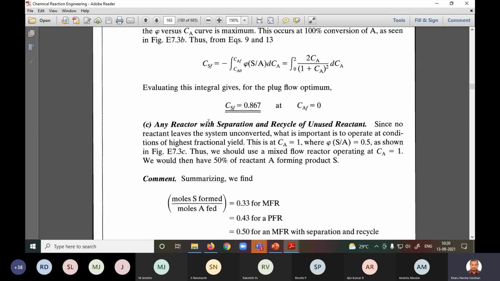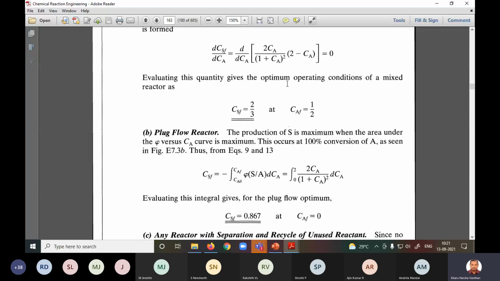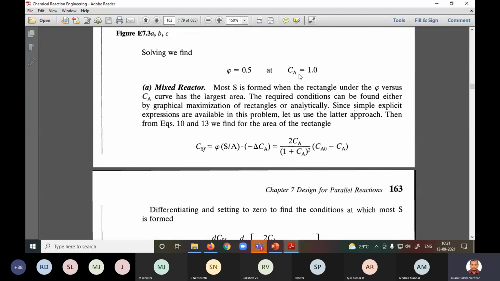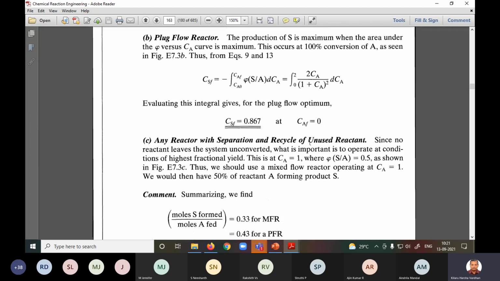If you use one more combination, that is any reactor with a separation, since no reactor leaves the system unconverted, what is important is to operate at high fractional yield. High fractional yield will come at Ca is 1. That is what we discussed in this particular thing. So Ca at 1 and phi A is 0.5.